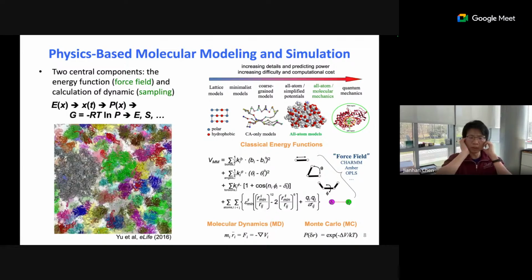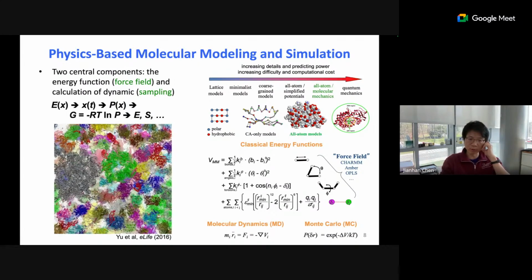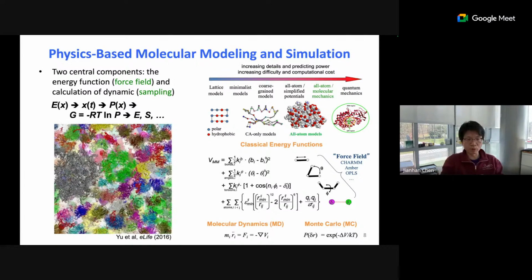So this is a really general approach, and I think the development of this approach has had a lot of impact in many fields. The example that I show here is a simulation of a whole bacterial cytoplasm, and this is just a cropped region of the whole simulation.